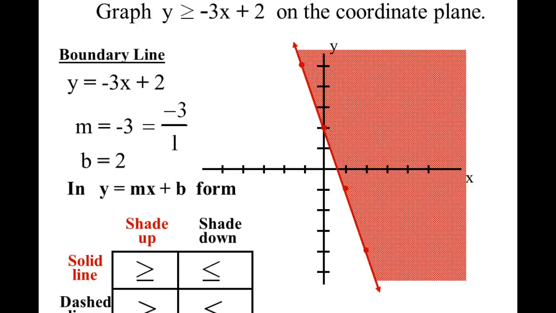So we're shading above the line. Okay. And now when you do the shading, you don't have to make it so exact and shade it all perfectly. Just make it obvious that this is the side where all the solutions are. Now what's different from the front of the worksheet we just started is, you can plug in any of these, not just the ones on the line, but any of these, and it'll be true.